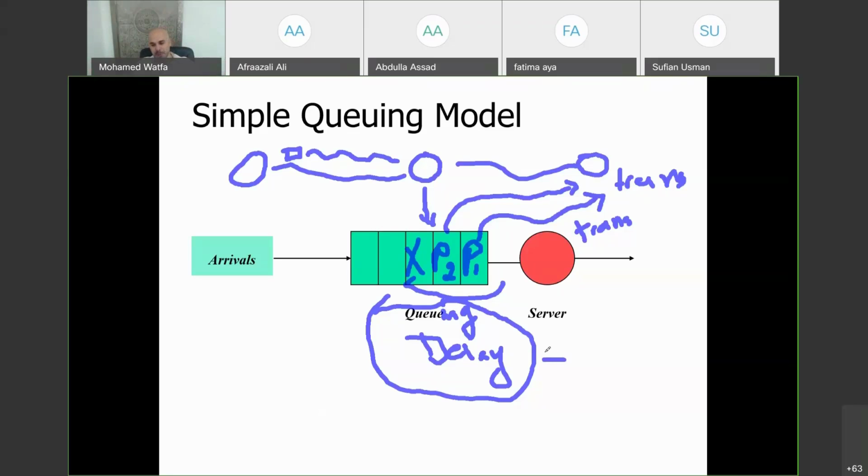Let me give you a bonus point. You'd be very smart if you know this. The queuing delay is basically the number of packets in the queue times what? Who could tell me? See if you're clever.